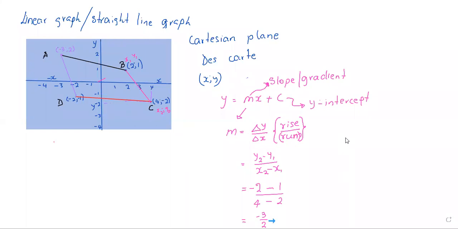Now, that is the slope. Let's look at the slope of BD and compare it to the slope of BC.